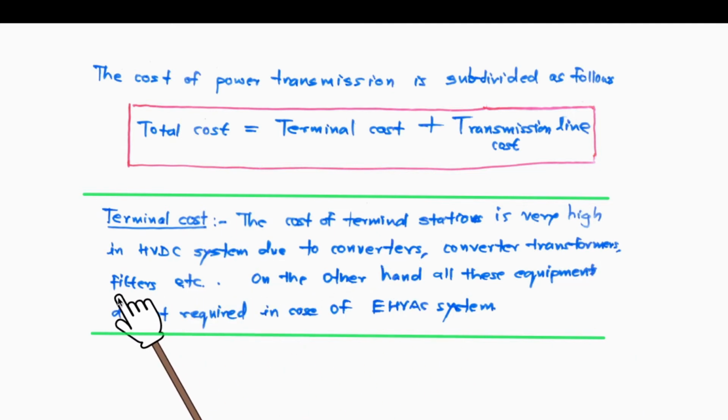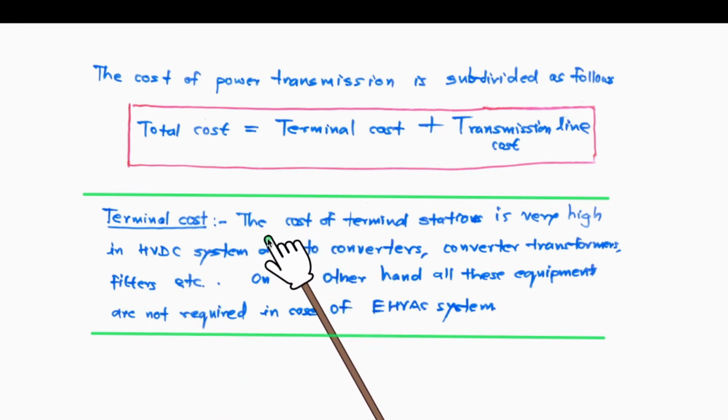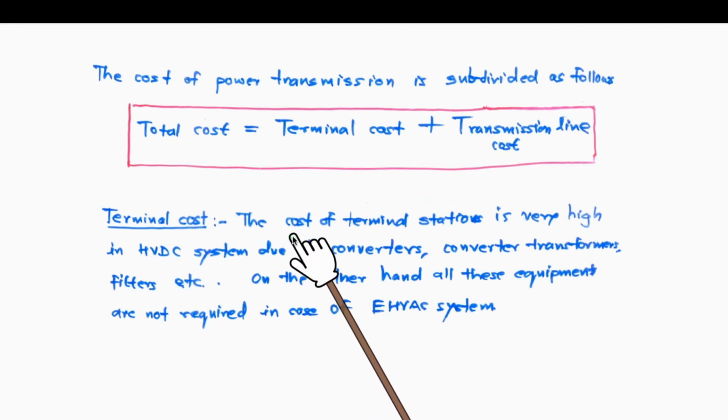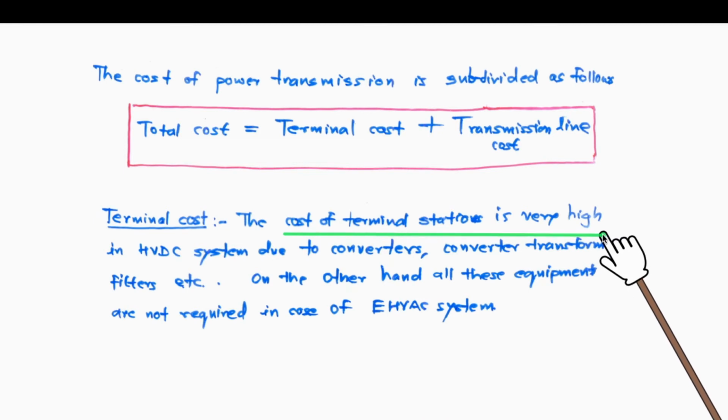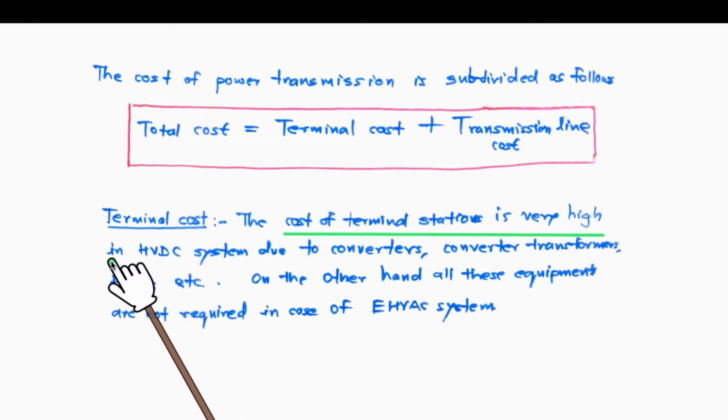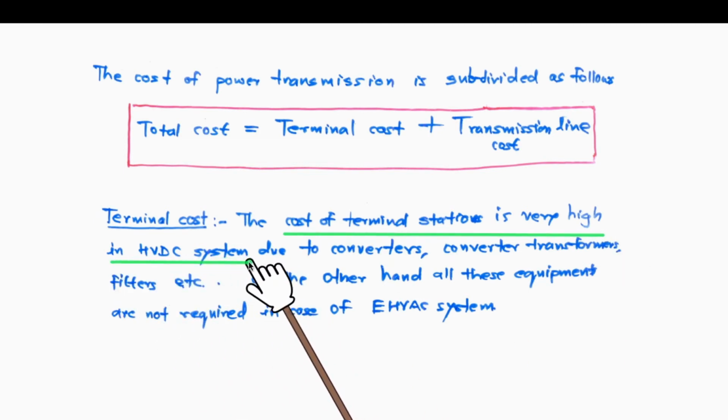There is also a need for filters, because rectifiers and inverters generate a large amount of harmonics in the system. So filters are required on both the rectifier side and the inverter side. That's why the cost of the terminal station is very high in the HVDC system.